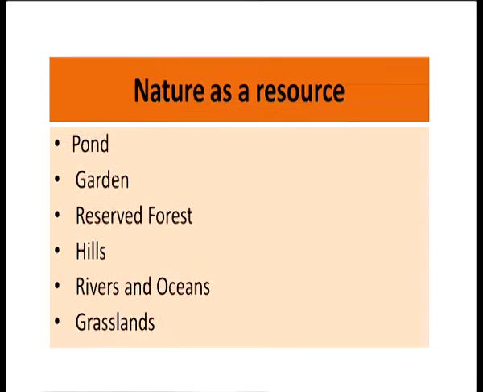The other category of resource is nature. As you all know, EVS is all around. So, nature as a resource is very powerful in EVS. Pond, garden, reserve forest, hills, rivers, oceans, grassland, they all become resources in EVS. It all depends on where the school is located.